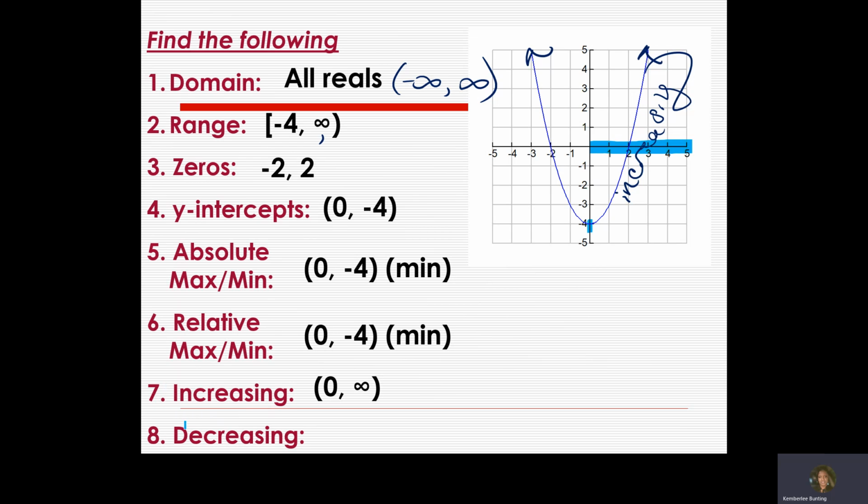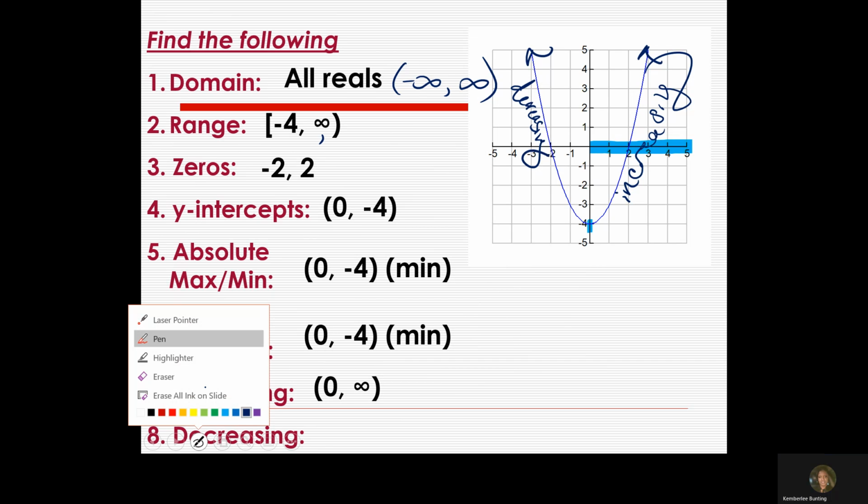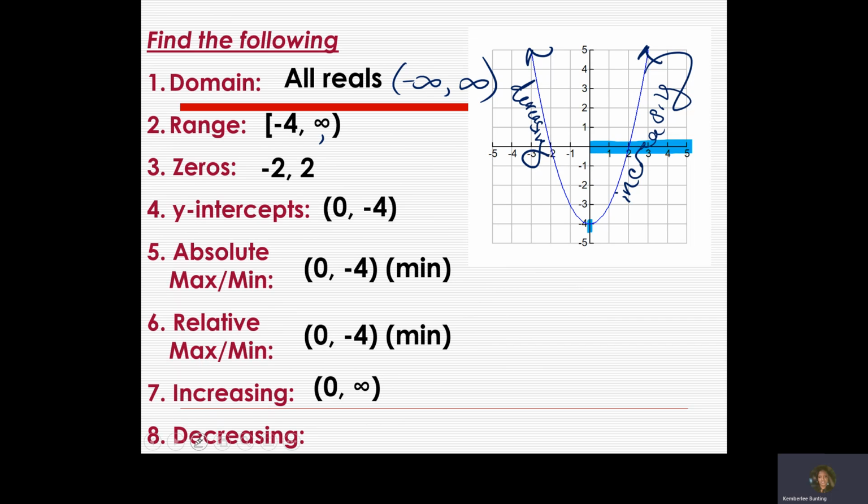Now, where is my function decreasing? Let me label it. Decreasing. Okay. What is my starting point of my decrease? Say what? That's what I hear. I don't know what y'all saying. -2 to negative infinity? Which number is smaller?